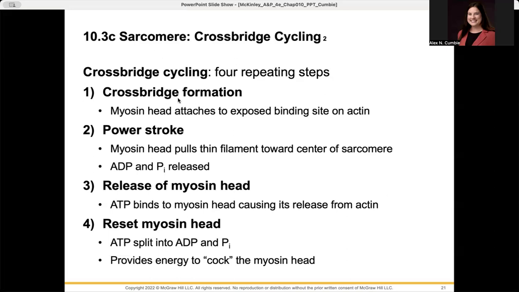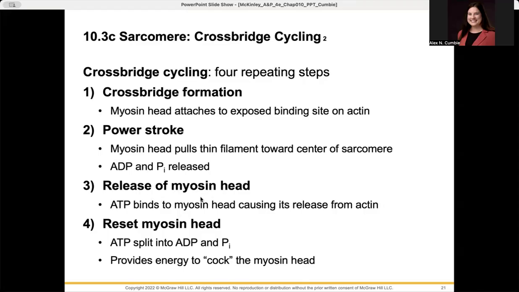First is the cross bridge formation. The myosin head attaches to the exposed binding site on the actin filament. Next, we do something called a power stroke. The myosin head pulls the thin filament towards the center of the sarcomere, which is the M line. During that process, we hydrolyze ATP into ADP and inorganic phosphate, so we've broken up that bond.